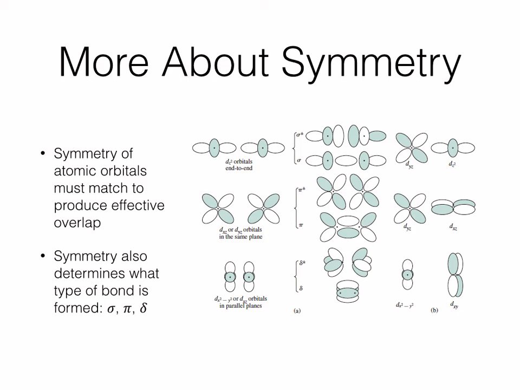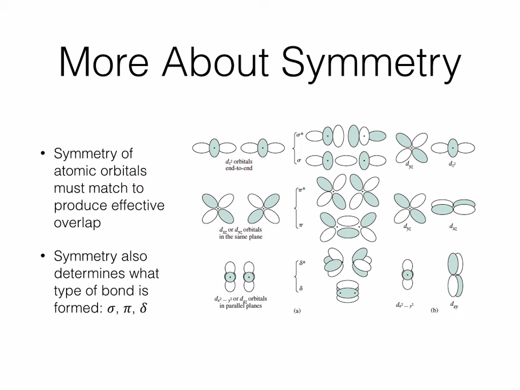Now, if you compare this situation with the one on the top right, this is the case where dyz and dz squared face each other. Those two orbitals do not have the same symmetry properties. For example, if you think about a rotational symmetry operation going along the bond axis, the dz squared would be symmetrical with respect to that rotation, but dyz will not be symmetrical with respect to that rotation.